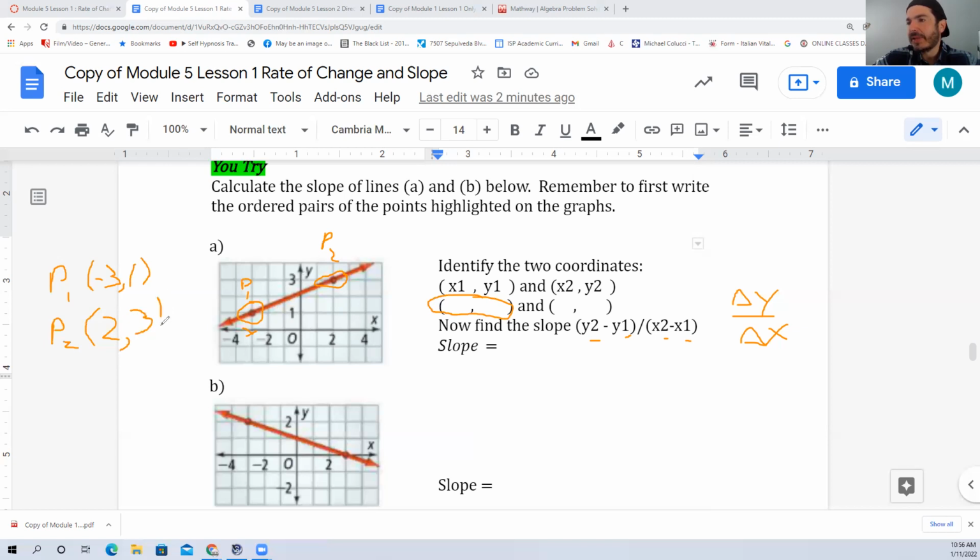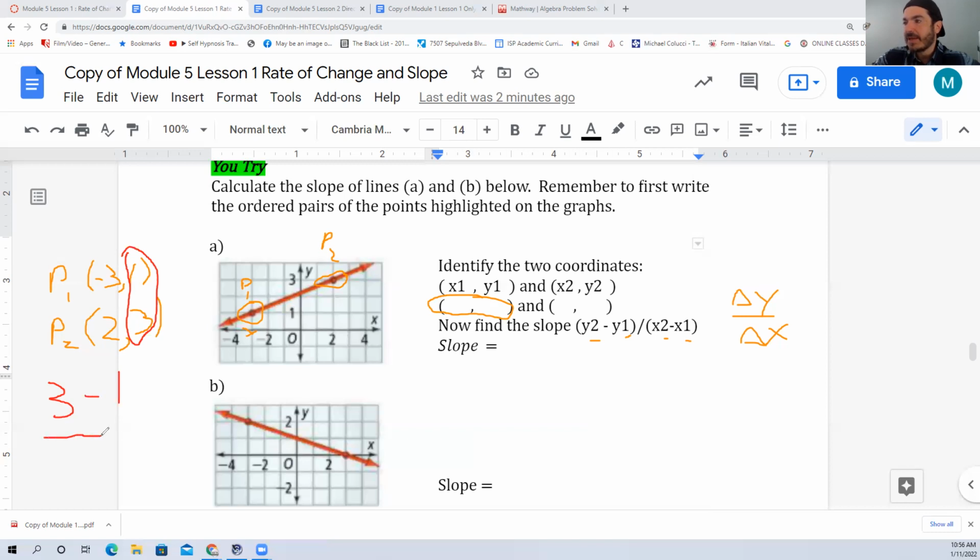Okay, now I'm going to calculate the change. So I'm going to start with Y, change in Y. So here's the Y values right here, 3 and 1. So I'm going to take Y sub 2, that's this number here, 3, minus Y sub 1, that's that number here, 1.